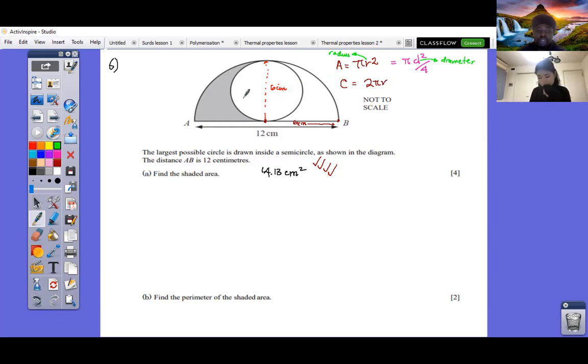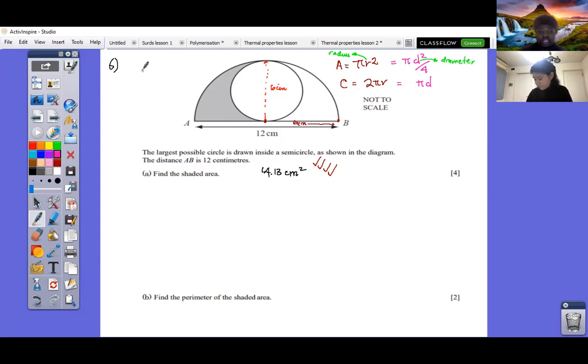You can also rewrite c equals 2 pi r as c equals pi times the diameter, because 2 times the radius is the diameter. So these are involving circles.